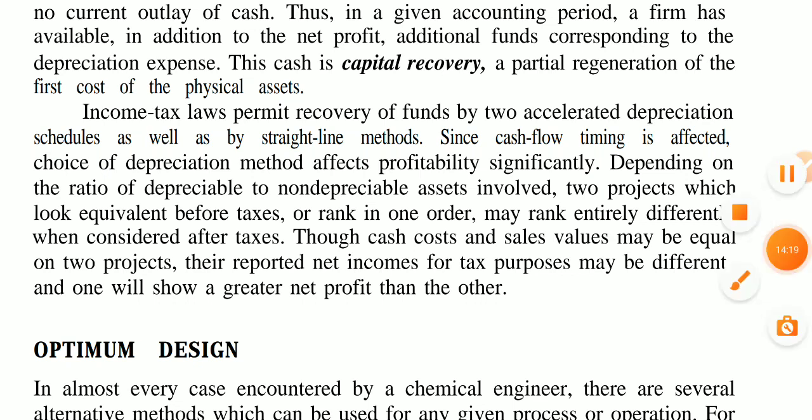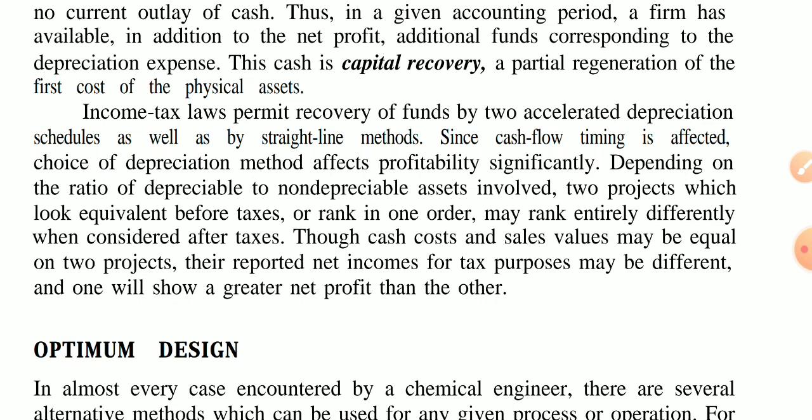Now, depending on the ratio of depreciable to non-depreciable assets involved, two projects which look equivalent before taxes may rank in a different order. Many rank entirely differently when considered after taxes, through the cash costs and sales.